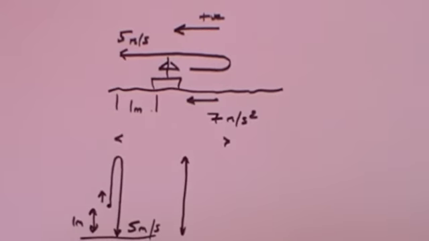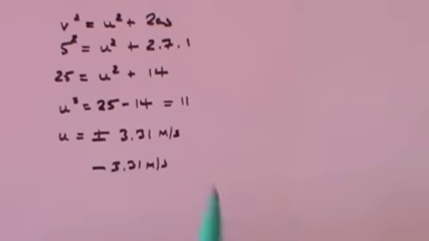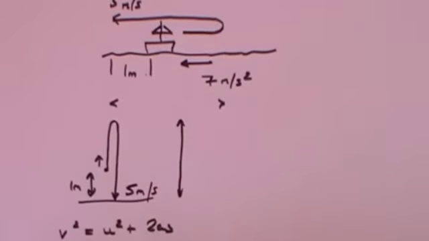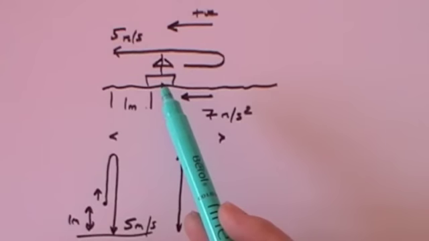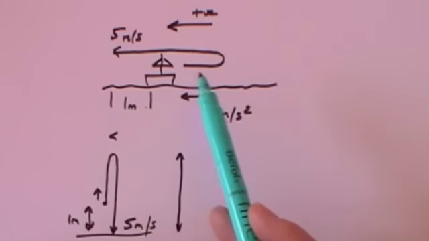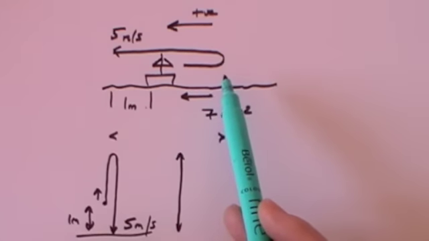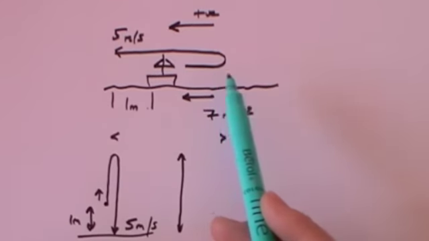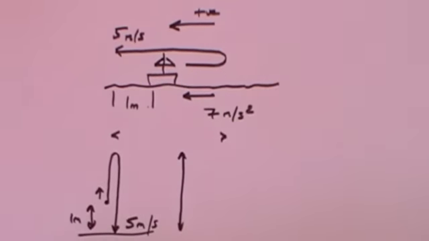And I'm once again going to use the formula v squared equals u squared plus 2as, but this time my initial velocity is going to be the one we just found, 3.31. The final velocity is the velocity at this point, which is 0, because it stops when it gets to this point and starts coming back the other way.